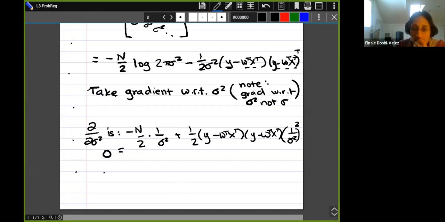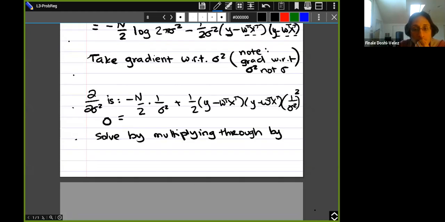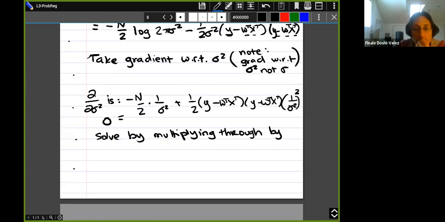And then solve by multiplying through by sigma to the 4th, or 2 sigma squareds.